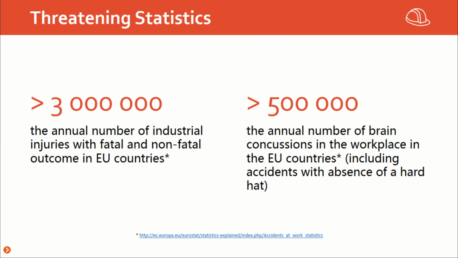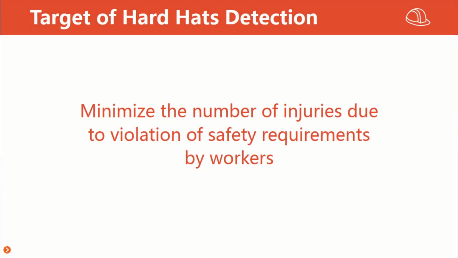Then we have 500,000 plus injuries where brain concussions have been reported. And these kinds of injuries or accidents can draw the attention of government, which can penalize for not taking care of the safety of the humans working in the environment.